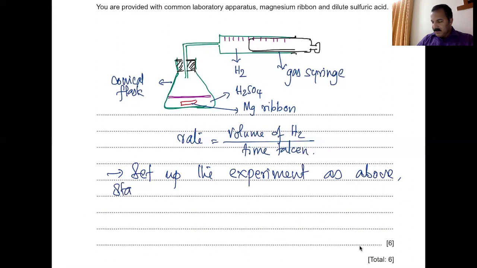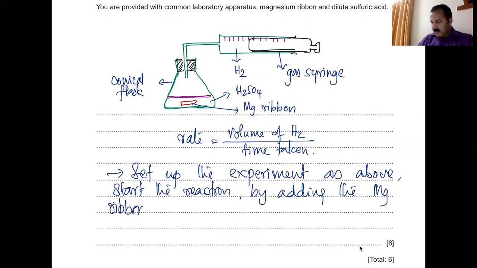Start the timer, start the reaction by adding the magnesium ribbon into the acid and start the timer.